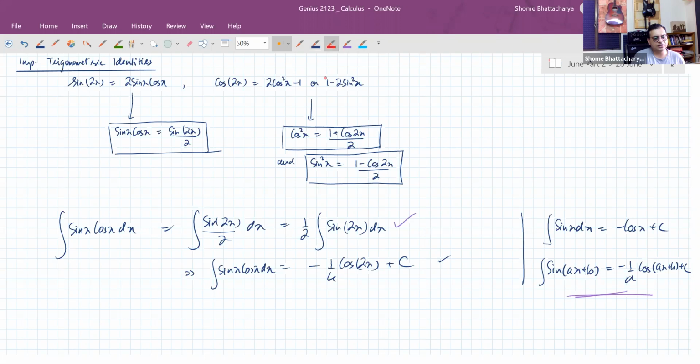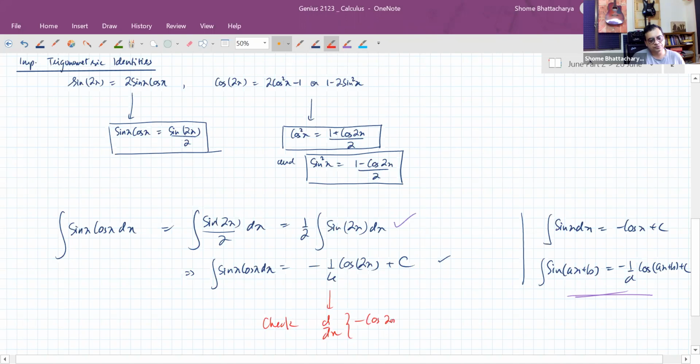You can always check your answer by doing the differentiation. So we can check that differentiation of this term gives you sin x cos x or not.